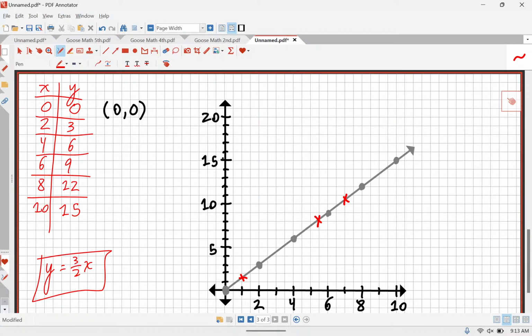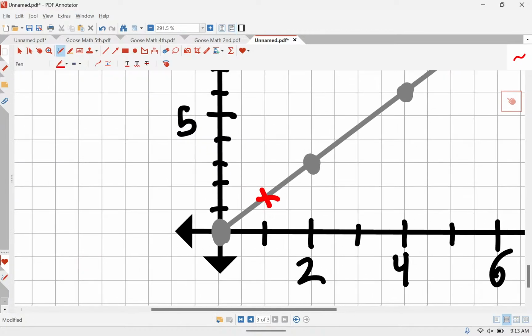Okay. Can I get you in 5, 4, 3, 2, 1? Let me zoom in. What is this red point actually saying? This is what, comma, what? What would that be, Nathan?